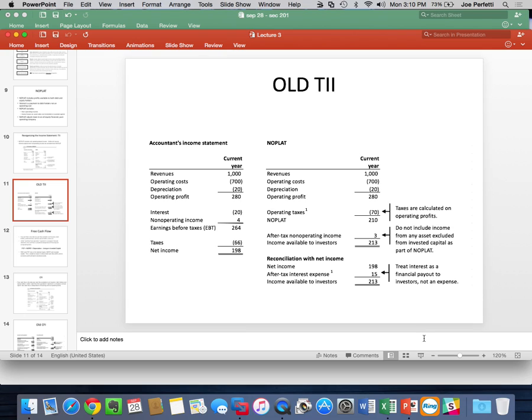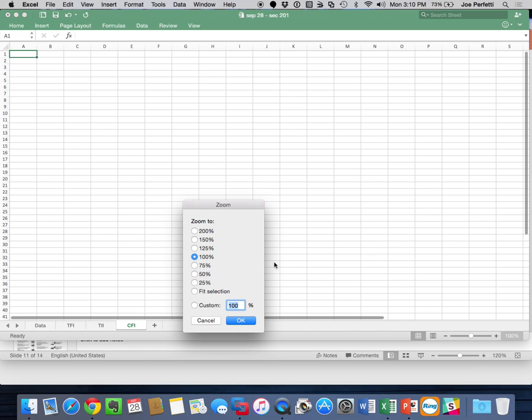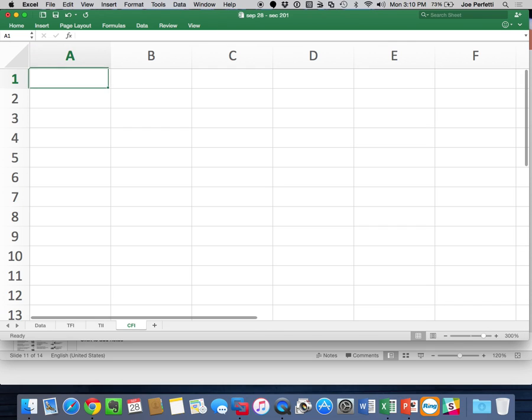All right, statement number 3, CFI. So I'll create a 3rd tab, and I'll call it CFI. Here's what's important about CFI. 2 things, and then we'll finish for today. I want to carry forward the years, just like we did before.